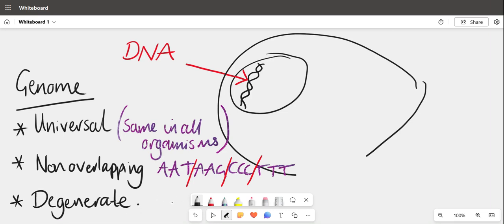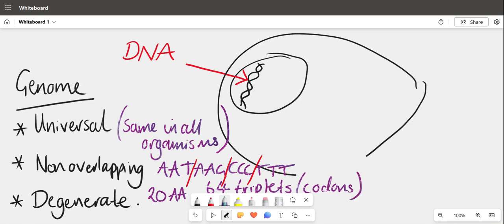Now, degenerate means that there's actually more than one triplet for each amino acid. So a triplet of bases, 3 bases, is the instructions for inserting one particular amino acid. Now we've actually got 20 different amino acids, but we've got 64 different triplets. And another word for those triplets, which we'll come on to later, is codons.